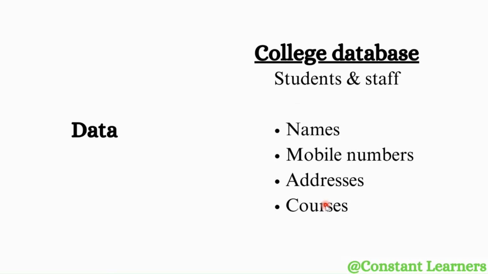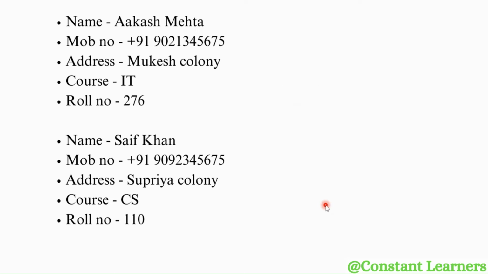Now, let's say I store all of this data in a Word or a PDF file, right? So, initially, if I have, let's say, 10 or 20 students, this is quite feasible, right? But what if I have 100 or 500 or 1000 students or more than that? Then, in that case, this method of storing and accessing the data is not going to be very manageable, right?